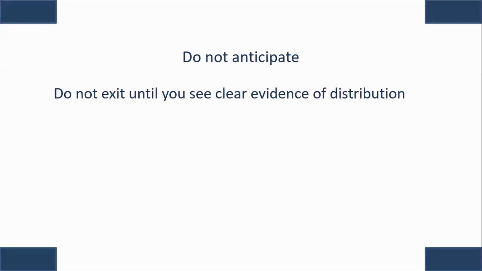Do not exit until you see clear evidence of distribution. We have to see, not anticipate, because the market can even double from here. It can go to any extent. Bull markets are always unpredictable in terms of they always exceed the highest expectation of most investors.